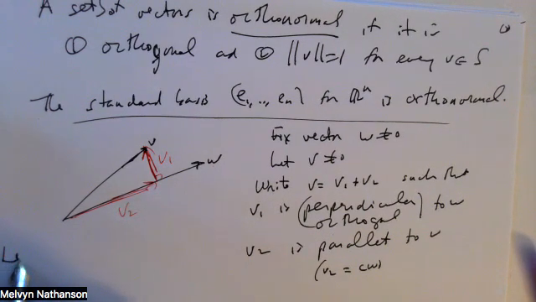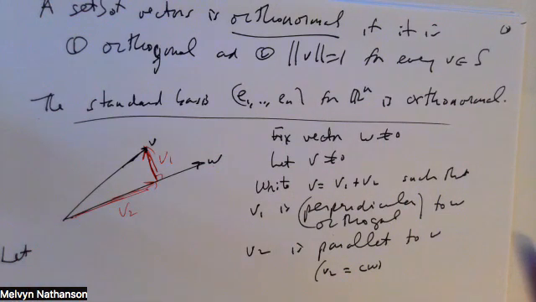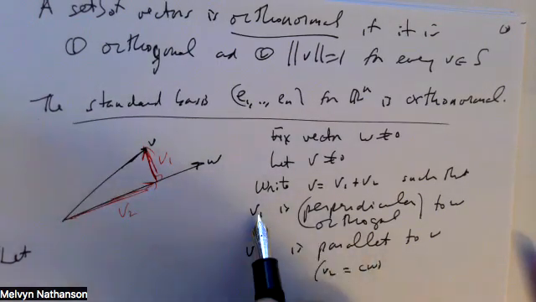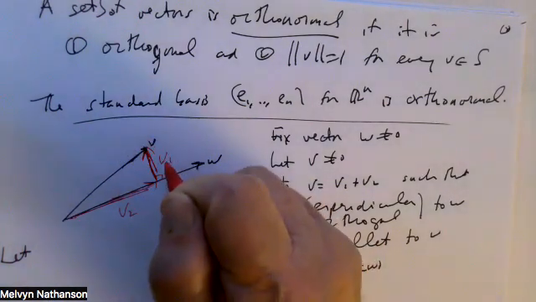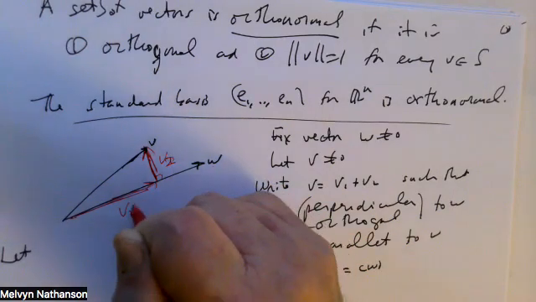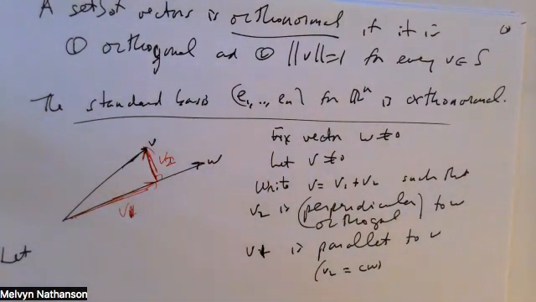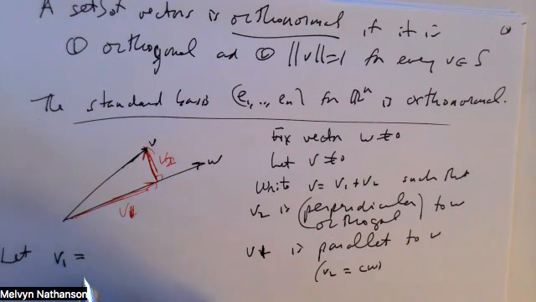Actually, I want v1 to be parallel and v2 to be perpendicular. So v2 will be the perpendicular one and v1 will be the parallel one. So I make this definition: let v1 be a certain scalar multiple of w.